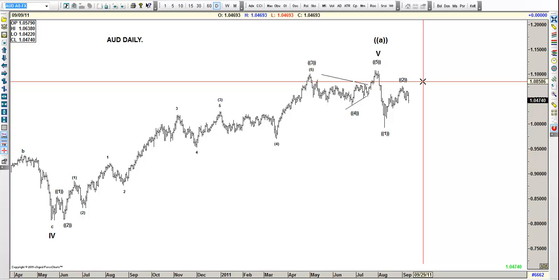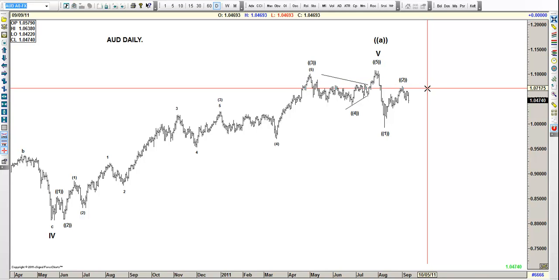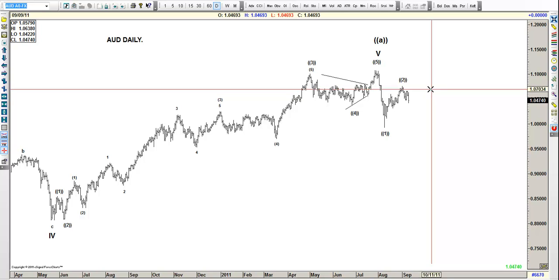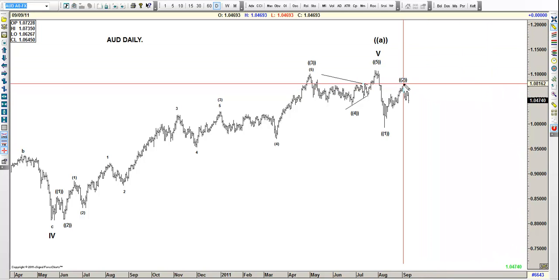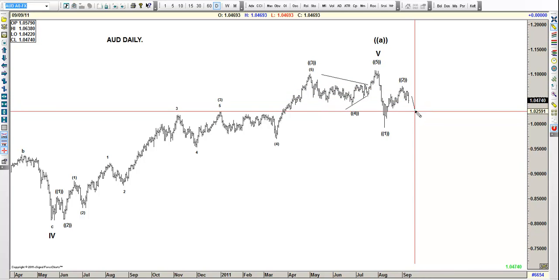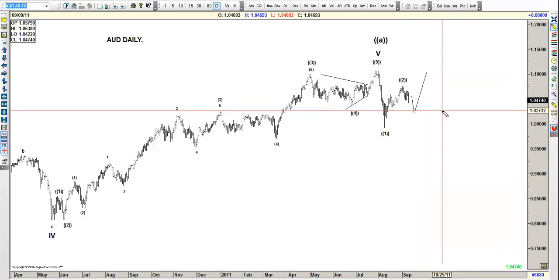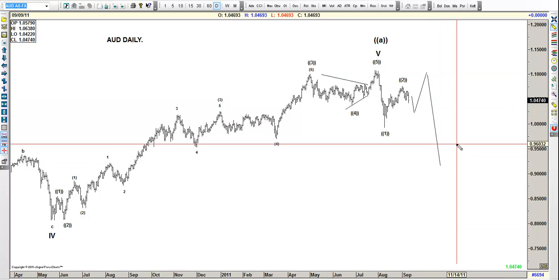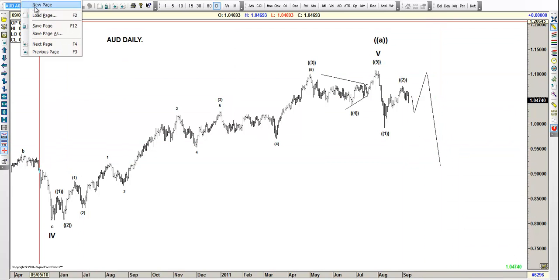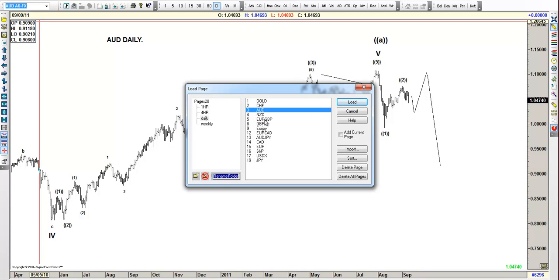Tomorrow we're going to get into the details in the seminar, so I don't get into that much repetition. This can be A, and then we can be lowering in C and going higher again. And then from there lower. That's very possible in Aussie.